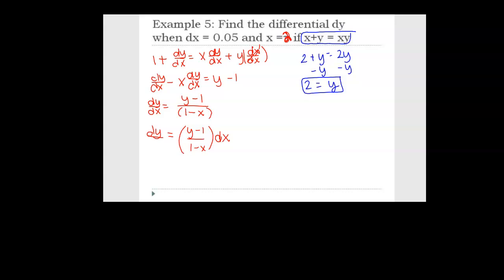So we get 2 plus y equals 2y, so I subtract y to the other side, and we get 2y minus y, which is y, so we're left with 2. So when x is 2, y is 2.